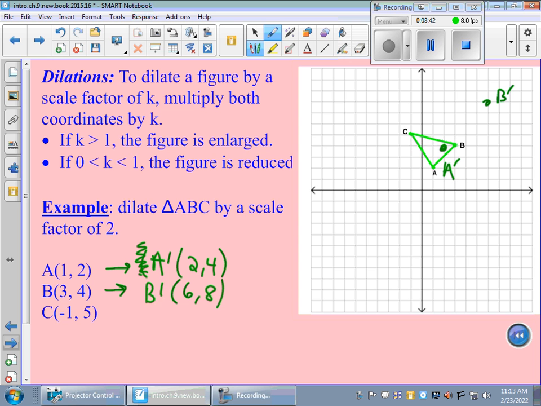And then C prime is going to be -2 and 10. So that's going to be our new triangle there. So that's a dilation.